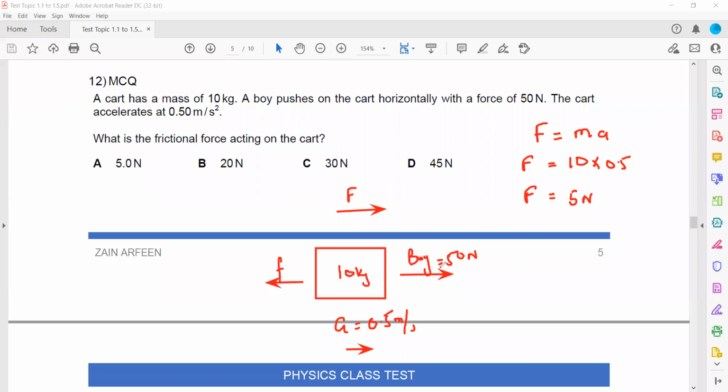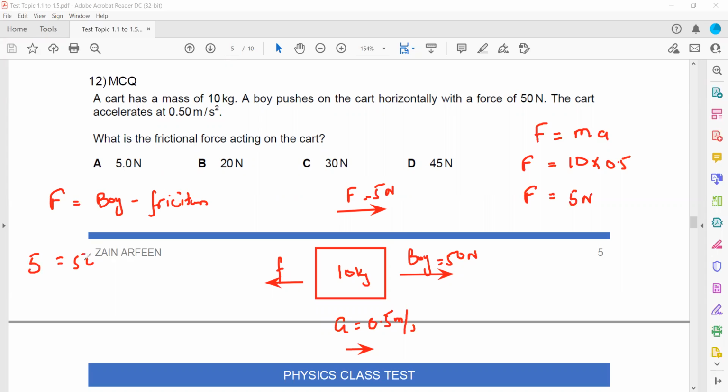The resultant force is the difference between the force of the boy minus friction, because these are two forces in opposite directions. That's why we subtract. So boy force minus the frictional force is equal to the resultant force, which is 5 Newton.